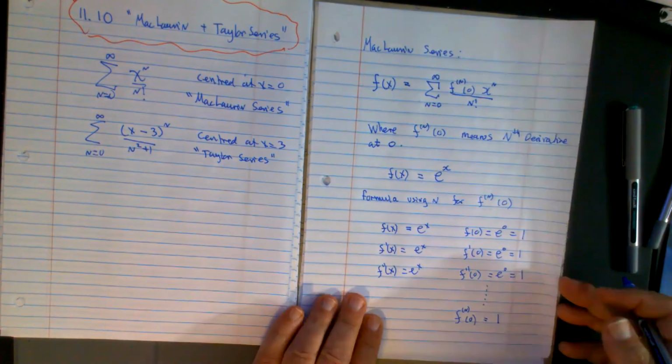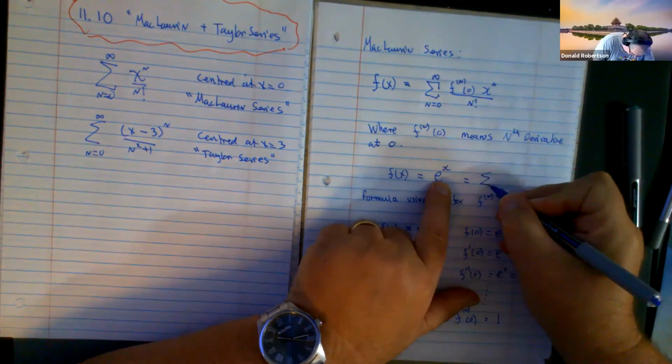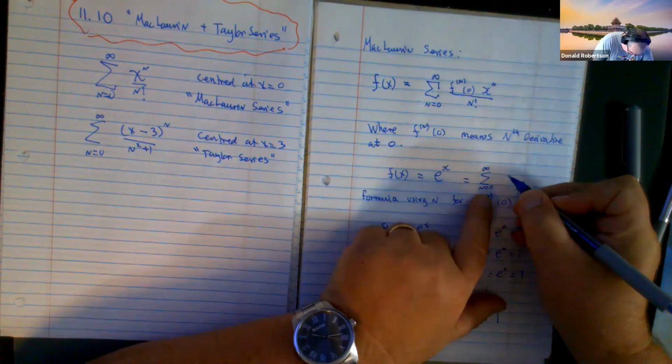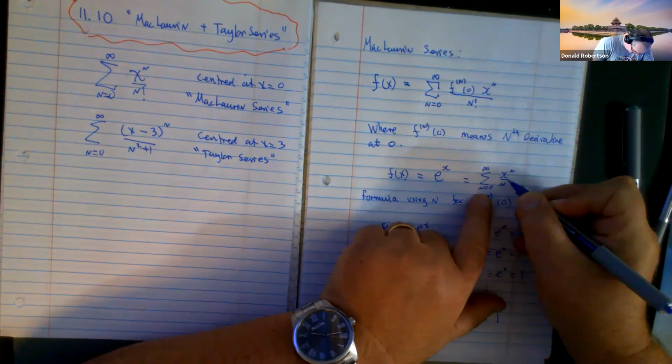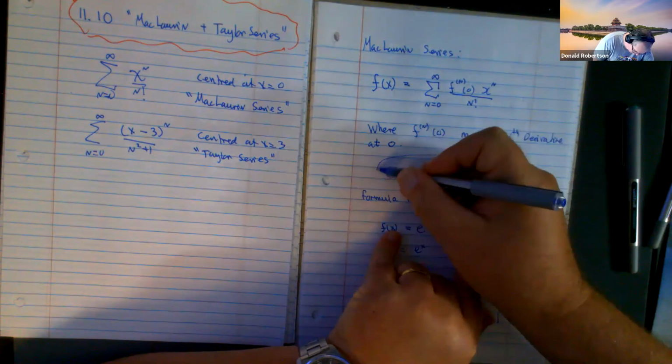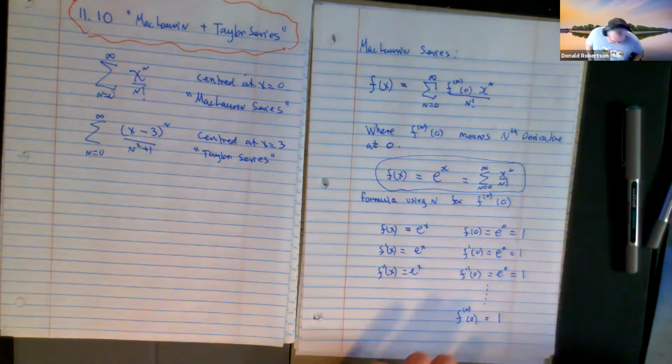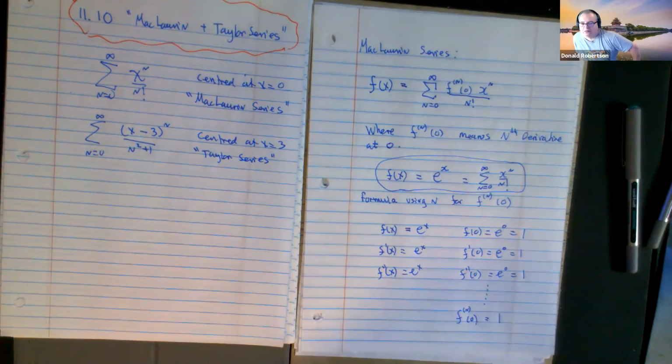Which means that this fella is the sum from n equals 0 to infinity of 1, which I won't bother writing down, times x to the n over n factorial. We have just found the power series for e to the x. Are we good?